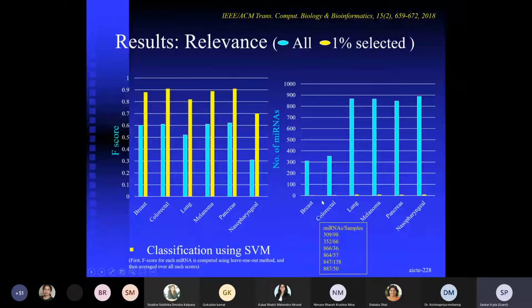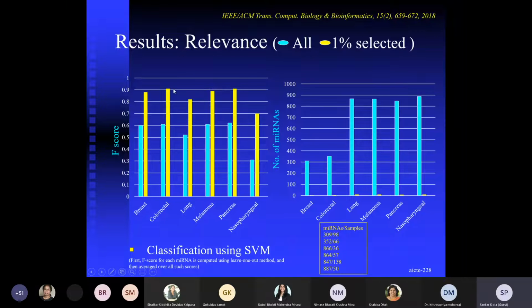So I'm showing here 1%. That is how small it is compared to 1. Now, if I take the F score based on the entire microRNA set, and the 1% is selected, you see that 1% gives a much larger F score value.